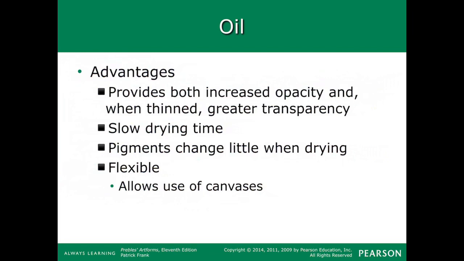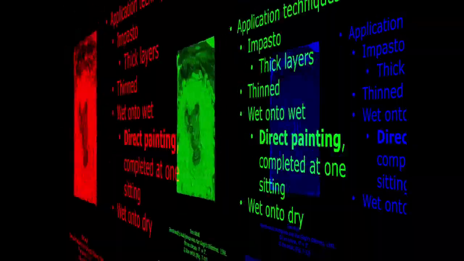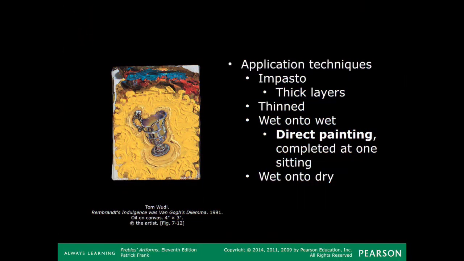You can take the canvas off of the support, and you can roll it, and then you can store it away. And because oil paint is very flexible, it's not gonna crack if you try to do that. Instead, it's very flexible, and you can store away paintings just by rolling them, and then storing them away.